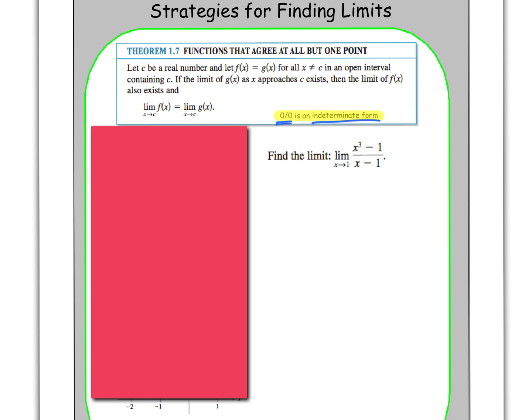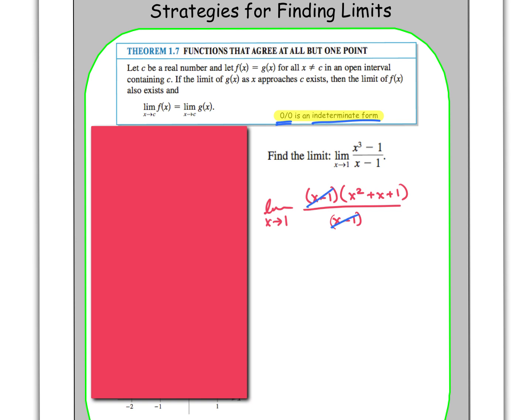And so we just practiced our algebra review on factoring. What does x cubed minus 1 factor to? x minus 1 times x squared plus x plus 1, and then it's all over x minus 1. And so now I have this limit. Now, what cancels? The x minus 1s cancel.